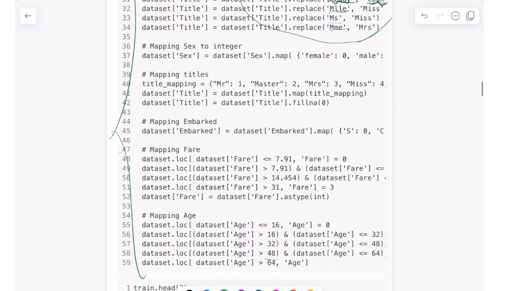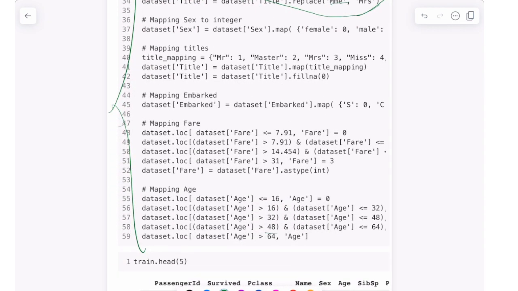That is the feature engineering I made. For example, right here, the fare and the age are original numeric data, but I would like to use them as discontinuous features.